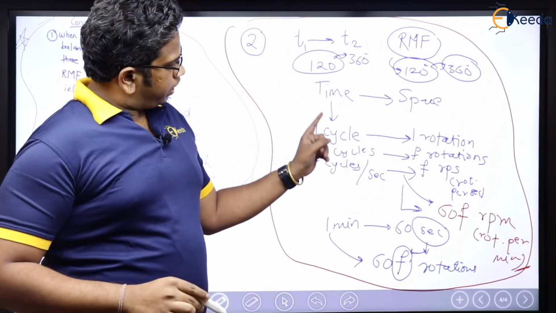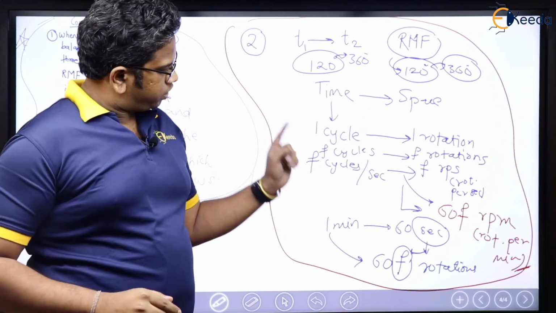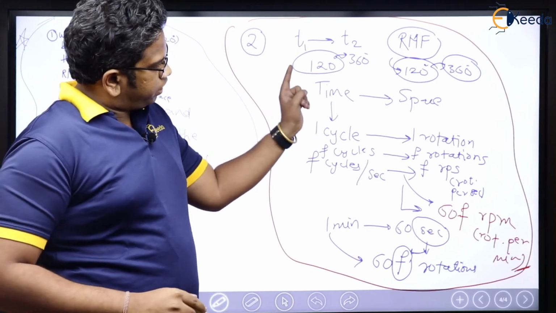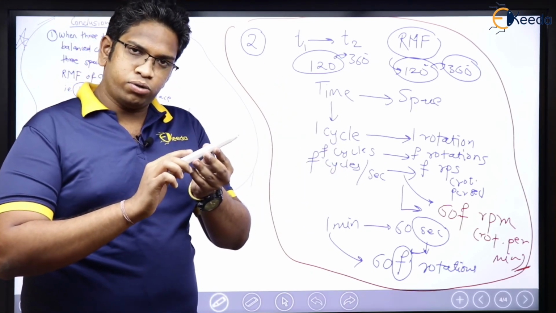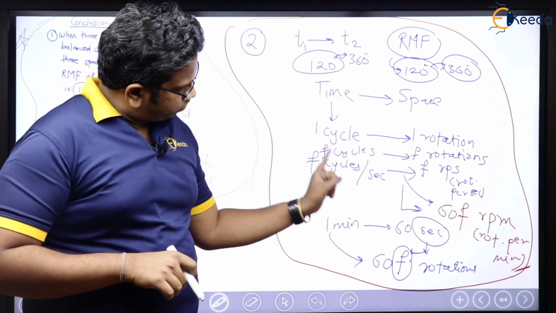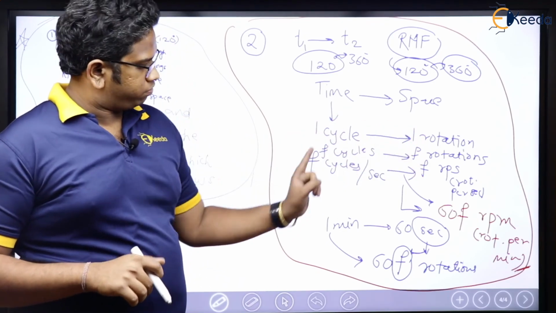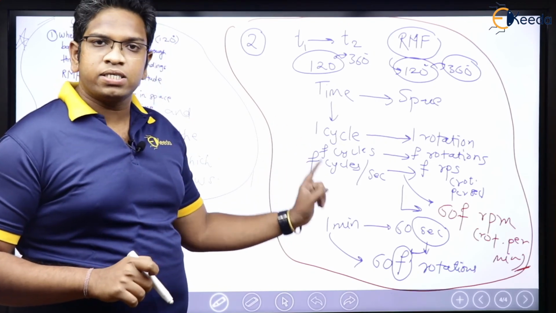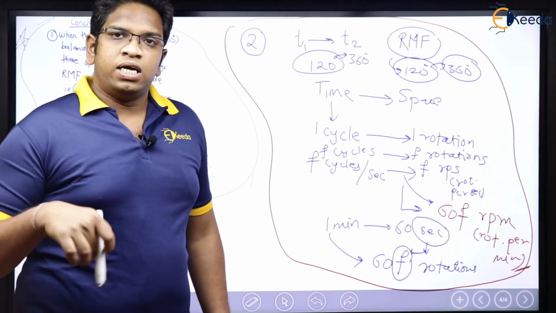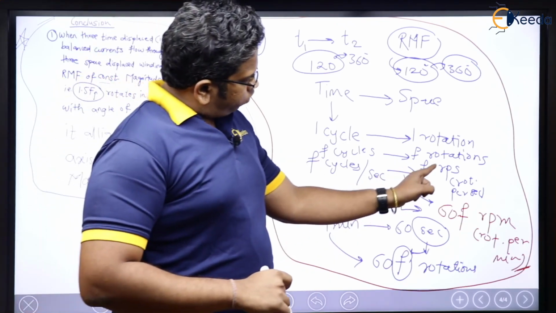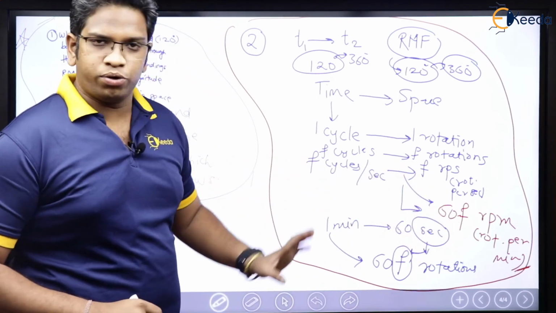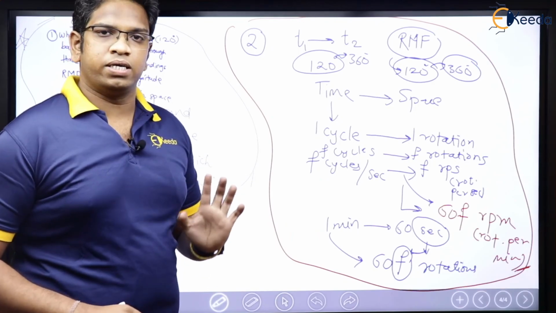From time to space, if in time I complete one cycle, meaning 360 degrees, then my rotating magnetic field will also complete one rotation. One cycle equals one rotation in space, which means F cycles will indicate F rotations. F cycles per second will show F rotations per second, and 60 F, how it comes, I have shown you. 60 F RPM will be there.